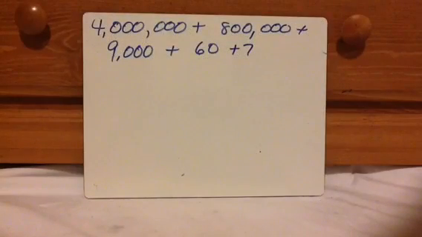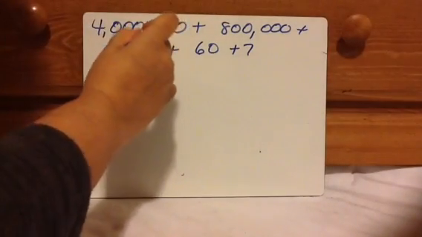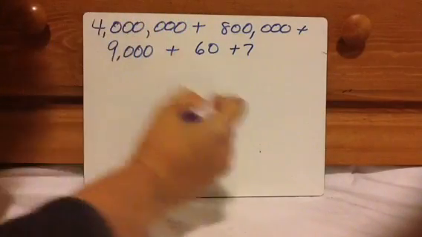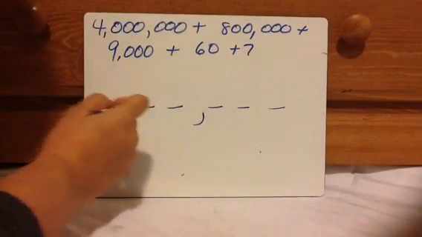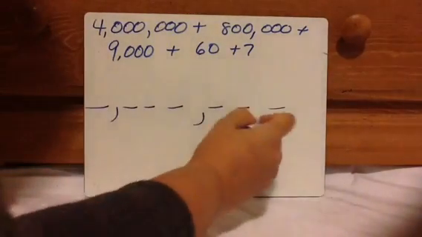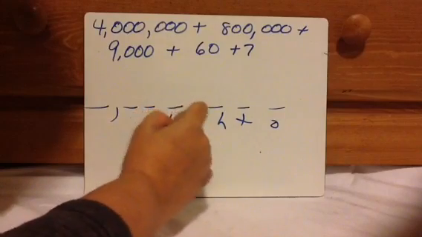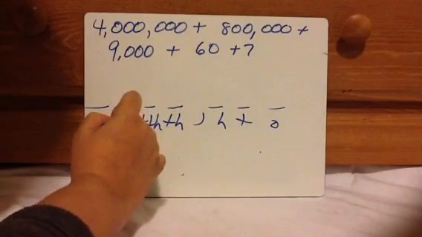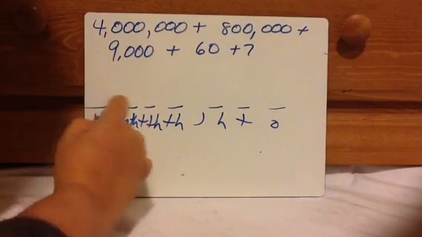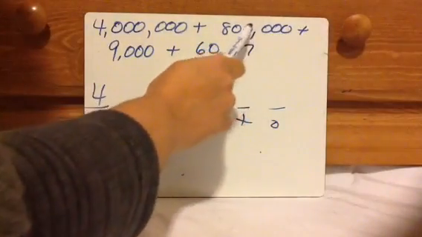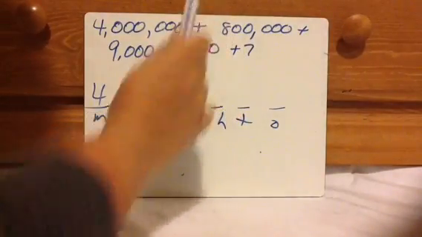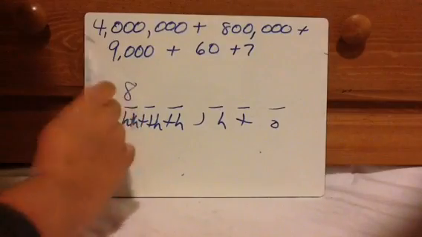Okay, so let's look at this one. The first number is always going to be the highest value. So 1s, 10s, 100s, thousands, 10,000s, 100,000s, millions. Okay, so I know the 4 goes there. Look at the next one. 100,000s, the 8 would be right there.